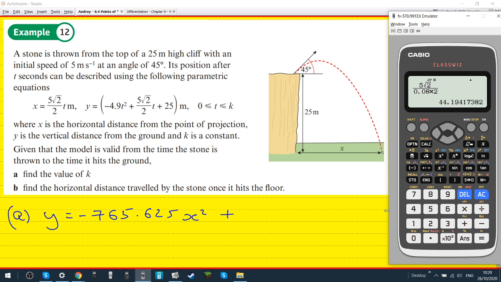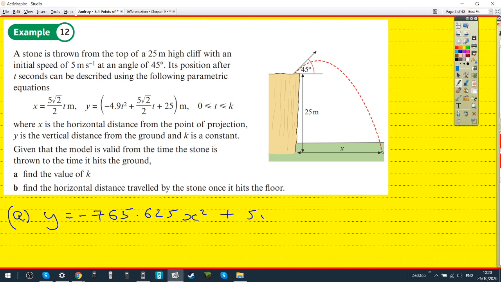Yeah. So 5 root 2 over 0.16 x plus 25. All right, if it makes you happier.